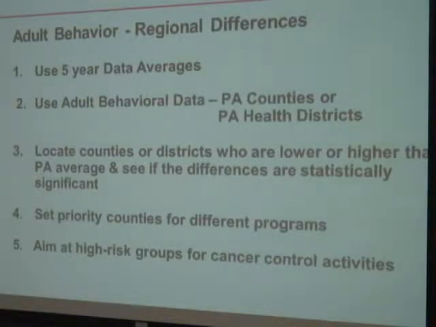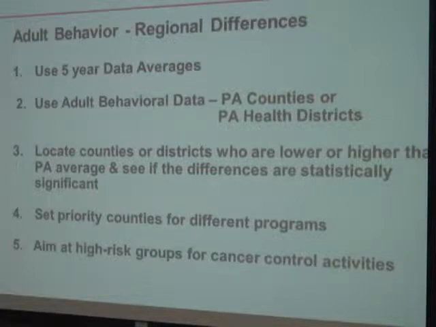And in the behavioral data, I just said you can get counties or health districts. And you want to locate counties or districts that are higher or lower, again, that idea, than the Pennsylvania average, because that might give you information towards someone who's increasing a healthy behavior, so it's higher than the state, or who is behind in a healthy behavior because it's lower than the state average.